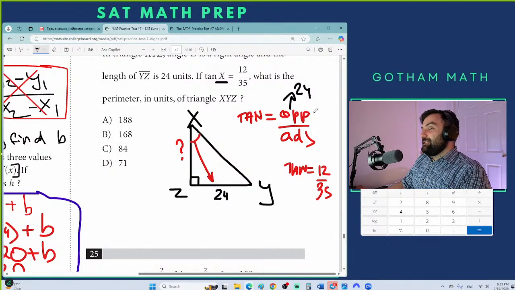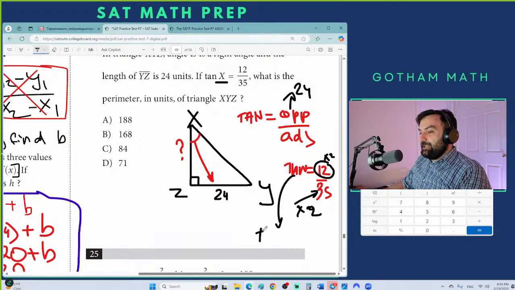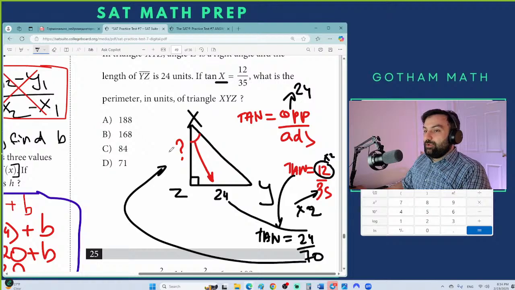It means that if we make this into 24, by multiplying by 2, we would have to multiply the bottom by 2 and get the adjacent side. So technically, tangent equals 24 over 70. And now it matches our side, and now I know my adjacent side will be 70.